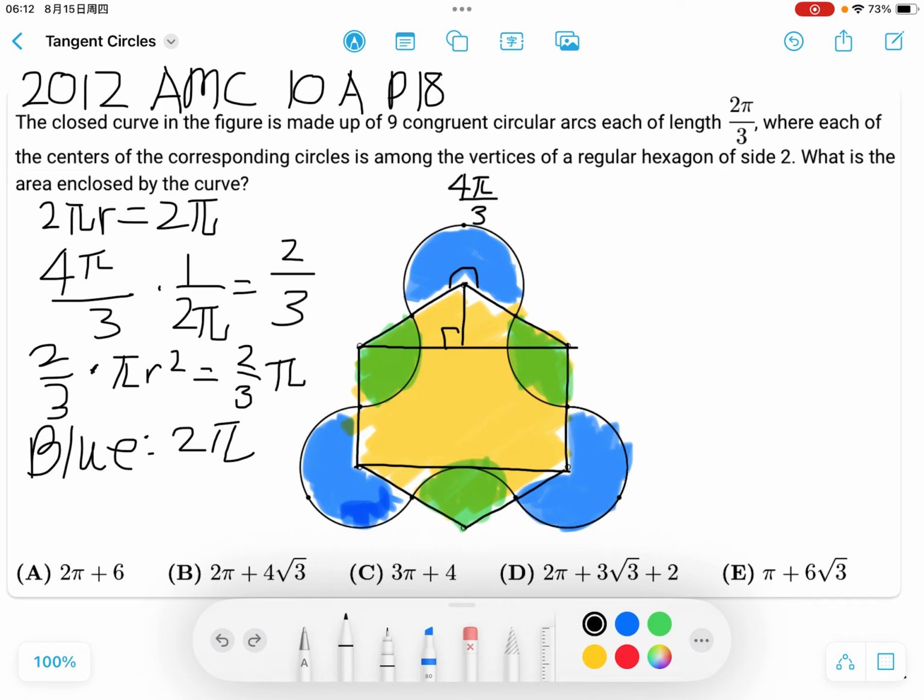Well, first we can use this angle here, because that's just the interior angle of a regular hexagon. The interior angle of a regular hexagon is 180 degrees times 4 over 6, which is 180 degrees times 2 over 3, which is 120 degrees.